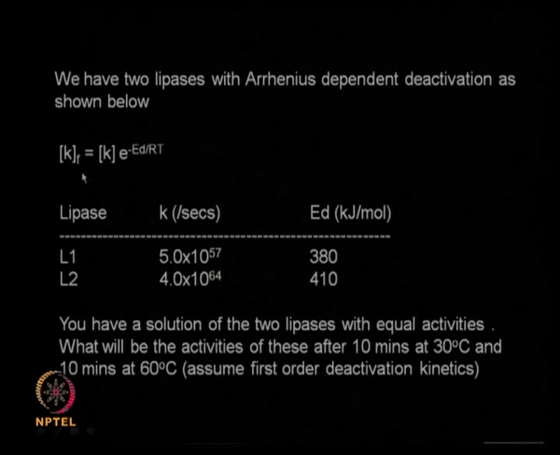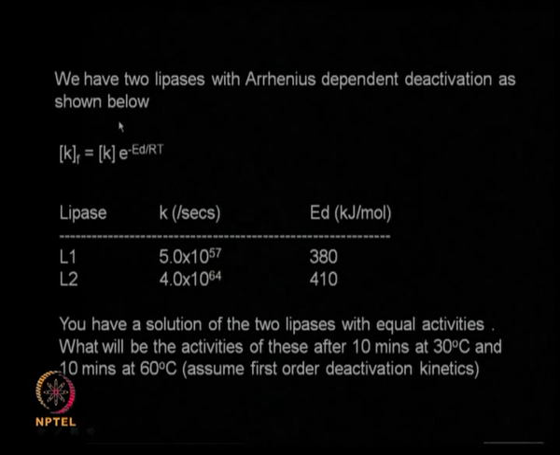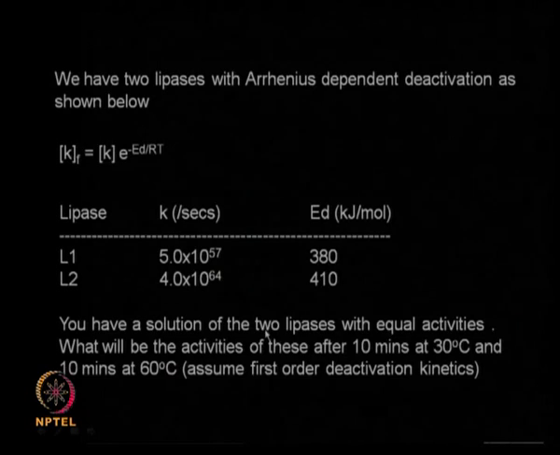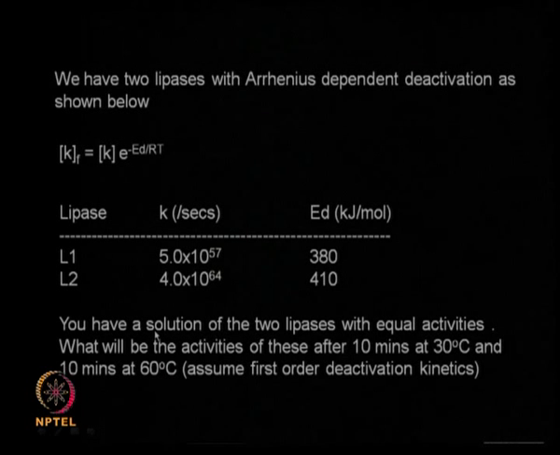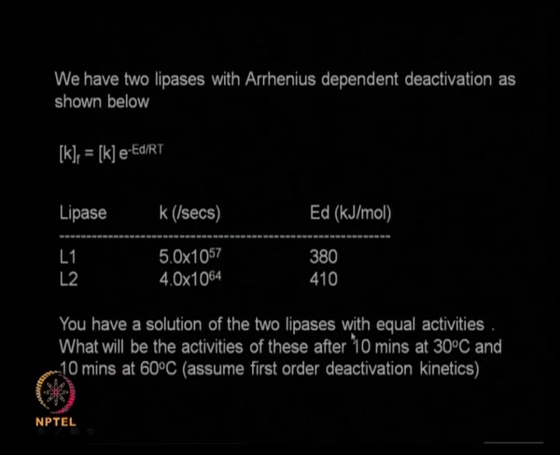That means dC by dt equals minus k into C, that is the first order rate constant, and the k depends on the temperature this way.